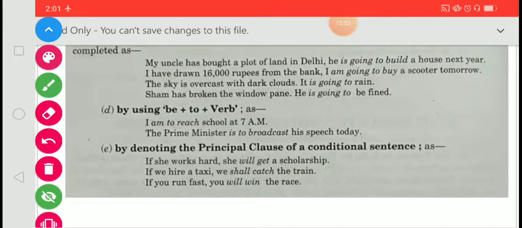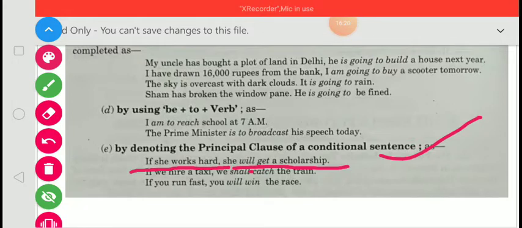Future can also be expressed by denoting the principal clause of a conditional sentence. In a conditional sentence, the first part of the sentence is in simple present and the second part is expressed in simple future tense.